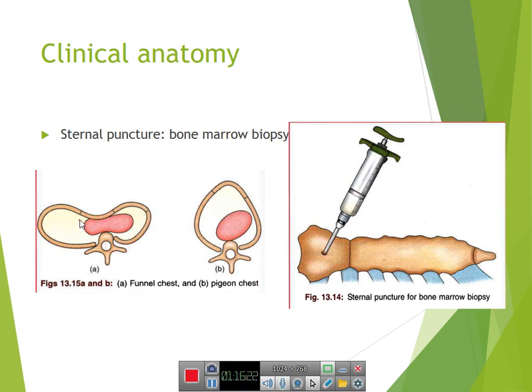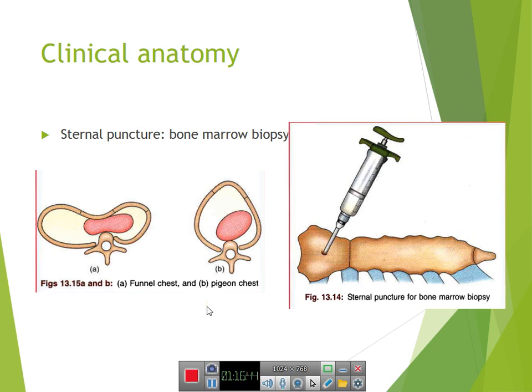In another anomaly called pigeon chest, there is forward projection of the sternum like the keel of a boat and flattening of the chest wall on either side.